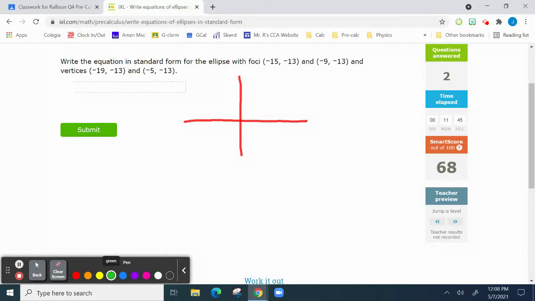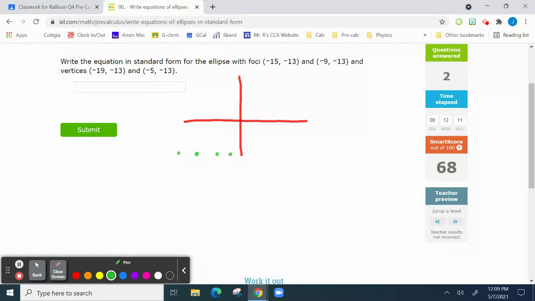The foci are at negative 15, negative 13, somewhere there, and negative 9, negative 13. So this is horizontally oriented, because the foci have to be on the major axis. And the vertices are at negative 19, negative 13, and negative 5, negative 13.